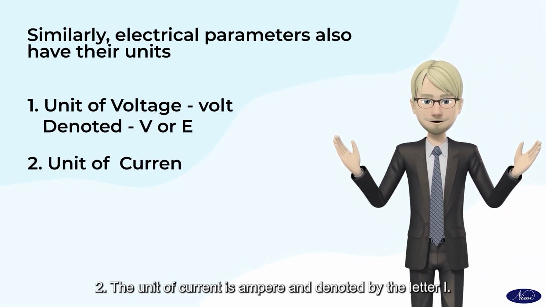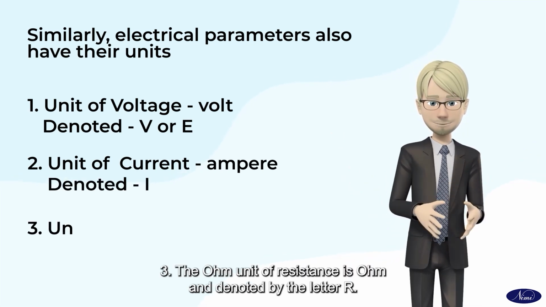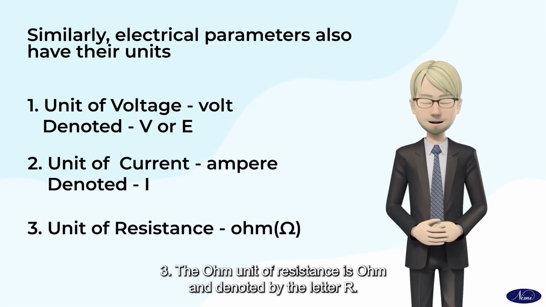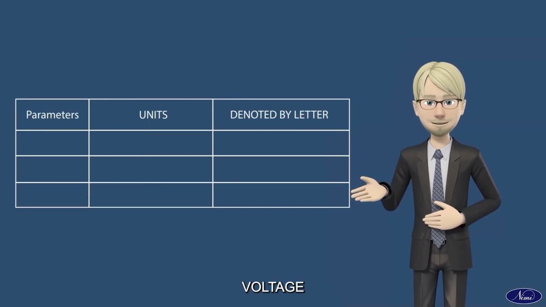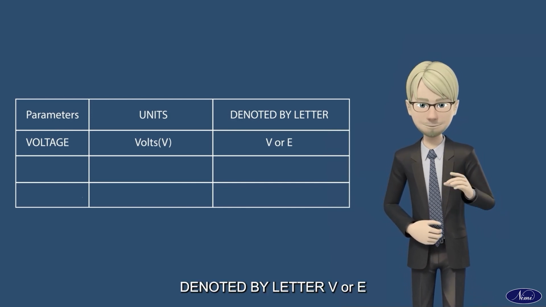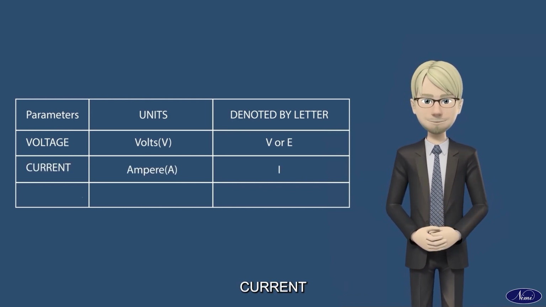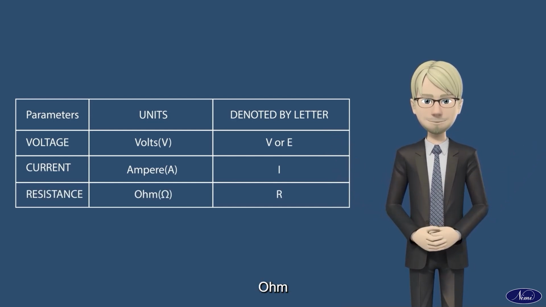The unit of current is ampere, denoted by the letter I. 3. The unit of resistance is ohm, denoted by the letter R. Parameters: voltage, unit volts, denoted by letter V or E; current, ampere, I; resistance, ohm, R.